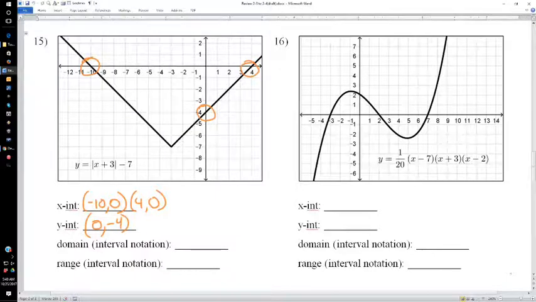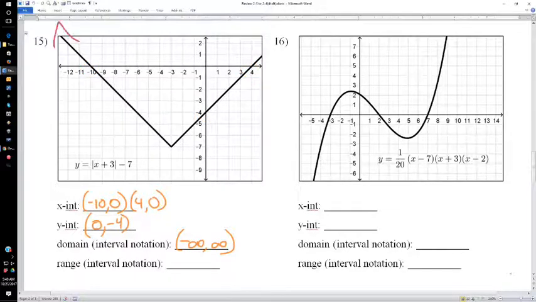Okay? Your domain is still all real numbers, because there is nothing that I can't put in there. Alright? I can put anything and subtract 3 from it and take the absolute value. I can take the absolute value of anything. So that's fine. Alright? Now your range, however, does it go up forever and down forever?